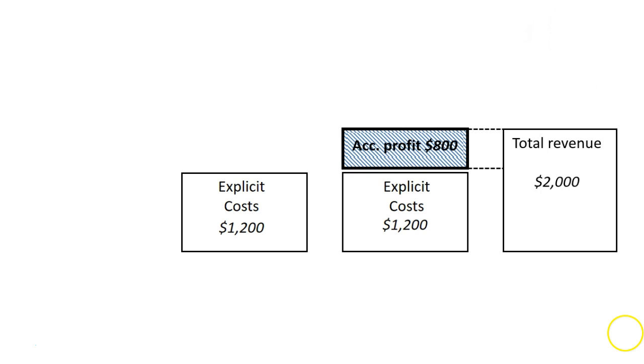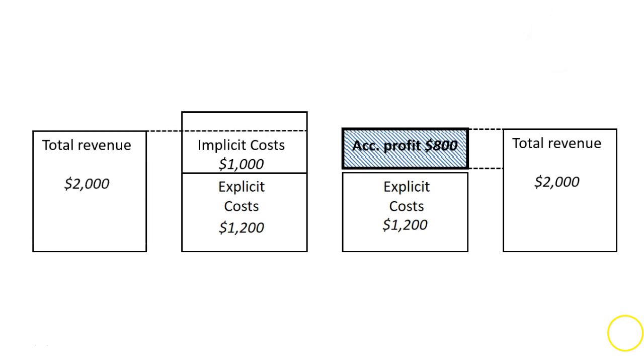From the economist's perspective, however, we need to add the implicit costs of $1,000, the income which has been foregone by the entrepreneur in order to run this business. Now we compare that to the new lower total revenue. We can see that the total revenue now doesn't cover the explicit plus the implicit costs.